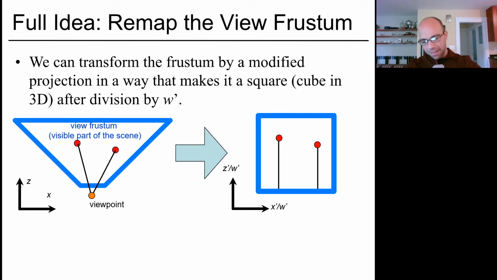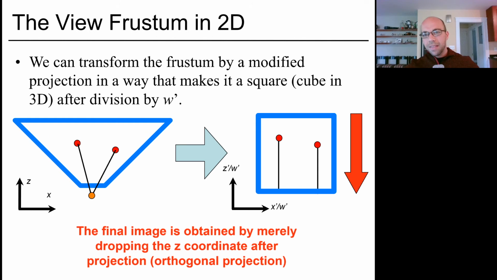So anyway, this is just some schematic of what's going on. Essentially, a different way to understand it is that you're converting perspective into an orthogonal projection, but none of this really matters. So the basic point here is that the final image is obtained just by dropping the z coordinate when it comes to figuring out what pixels to turn on, but we're going to need that z coordinate later for depth buffering.